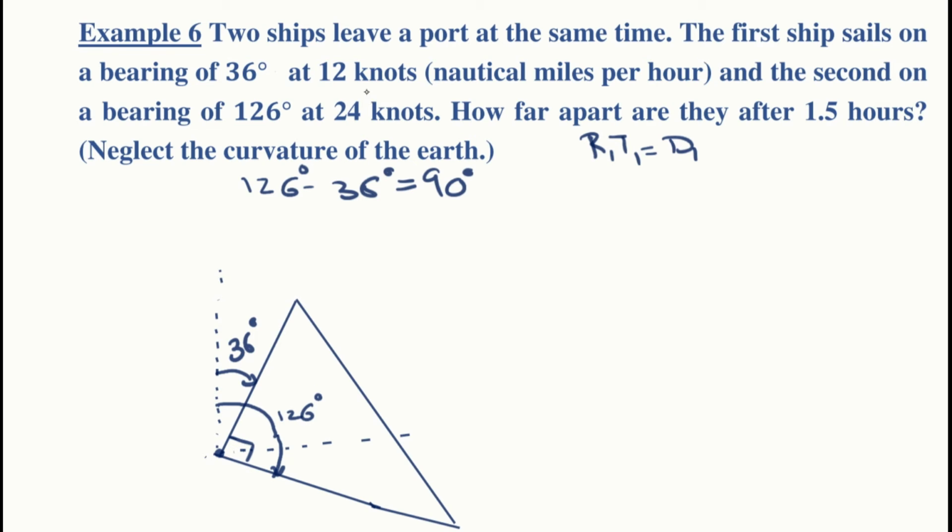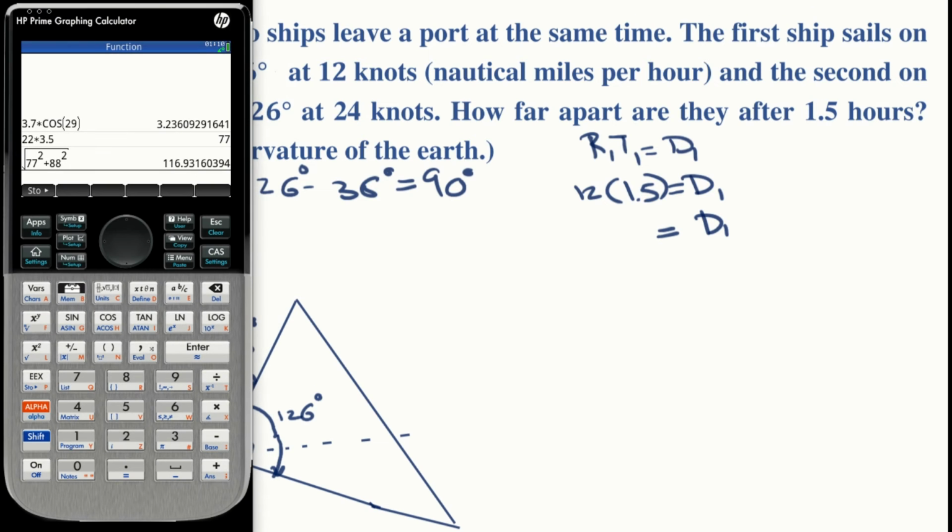So 12 times 1.5 will give us its distance. So the distance for the first ship is going to be, let's clear all that, 12 times 1.5, so we get 18.